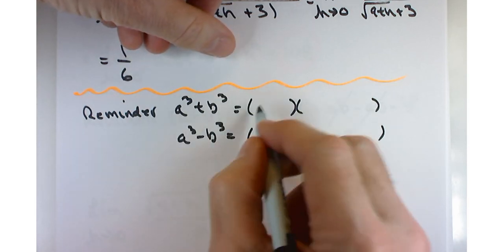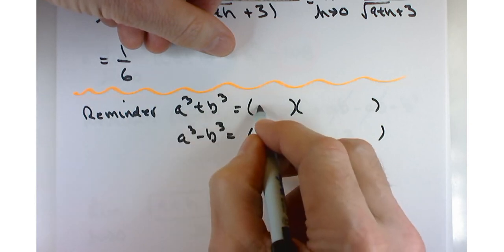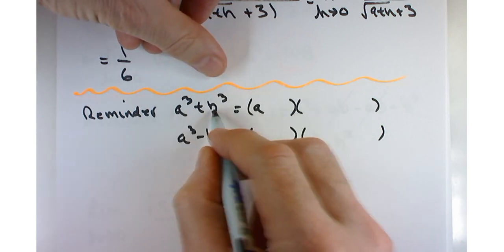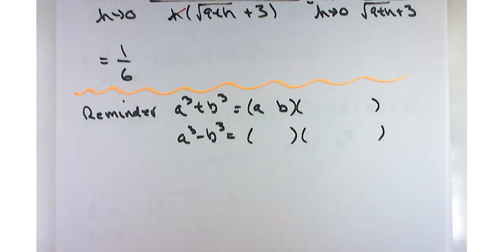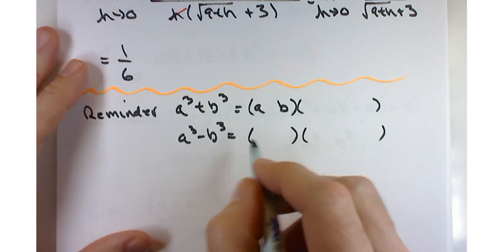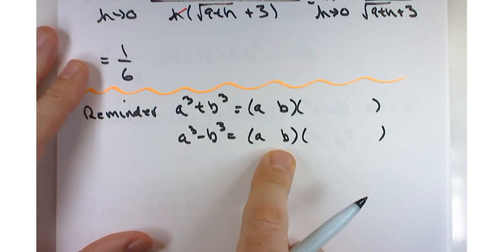So my suggestion is you take and figure out, well, what do you cube to get the first term? That'd be an A. What do you cube to get the second term? That'd be a B. And we're going to take each of these terms to come up with the next couple terms. Likewise down here, you're going to have an A and a B.